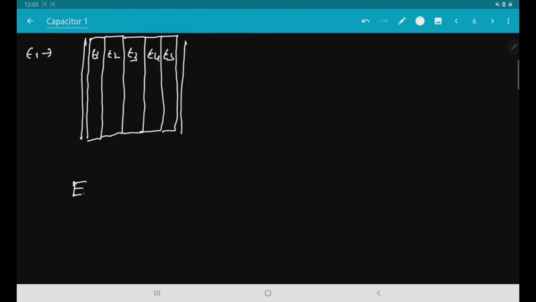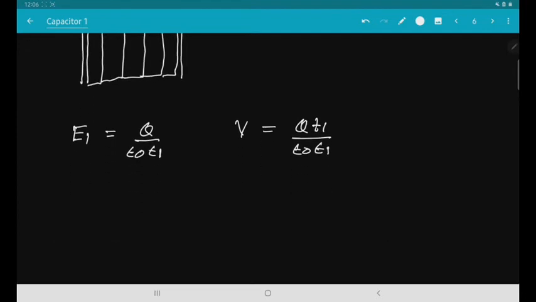The electric field in any of this, let us say, medium will be Q divided by epsilon naught into epsilon 1, and the potential due to this will be equal to Q T1 divided by epsilon naught into epsilon 1, and the resultant potential will be addition of all these potentials, Q T1 by epsilon naught into epsilon 1 plus again we will have Q T2 by epsilon naught into epsilon 2 and so on.